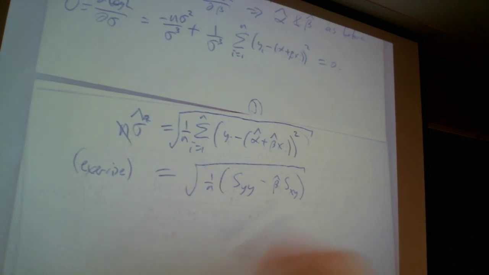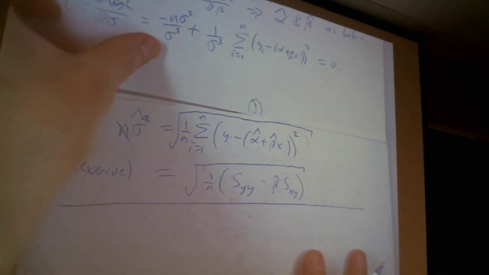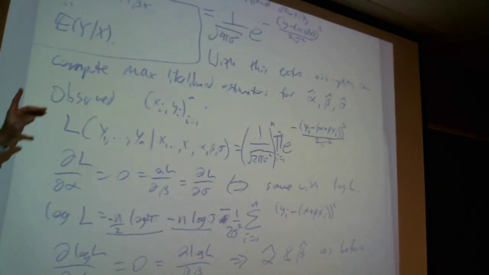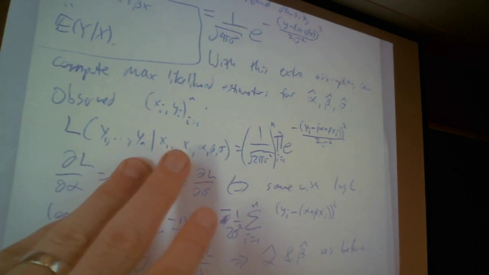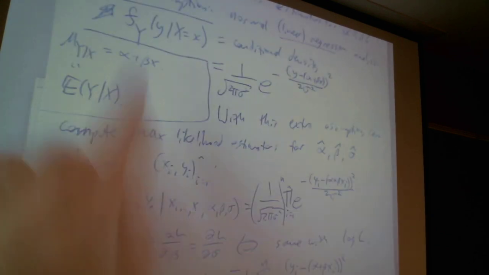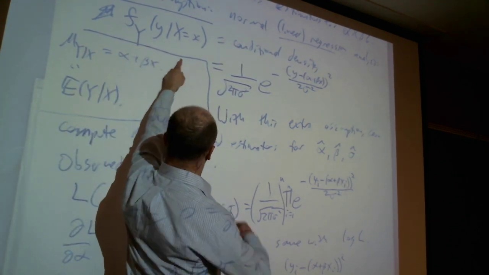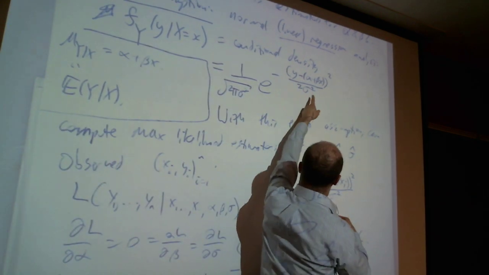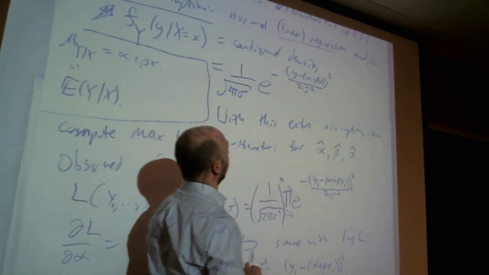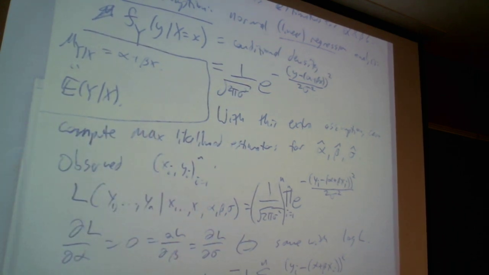Okay? So to test hypotheses, again, under this assumption, we assume we have this extra information, this normal regression analysis, that the dependence of y on x, the conditional density of y, if we know the value of x, is just a normal where the mean is the linear relationship between y and x.